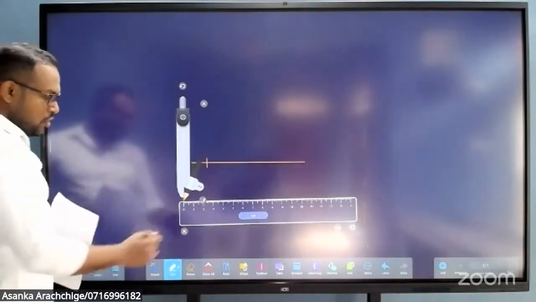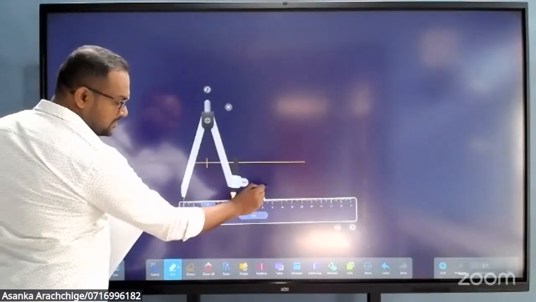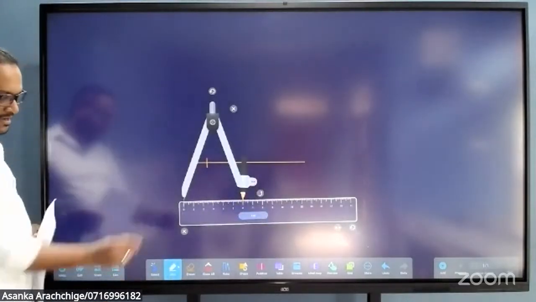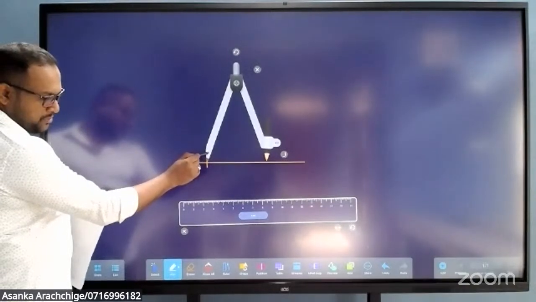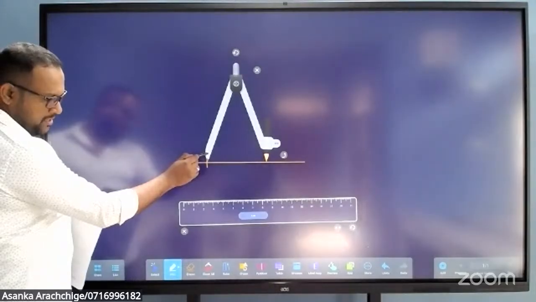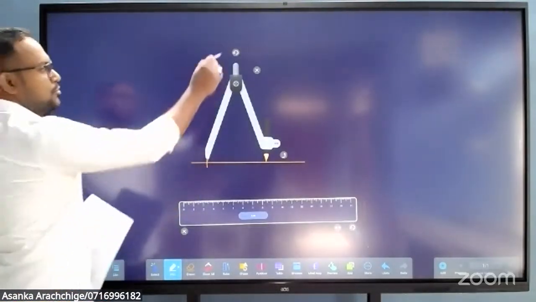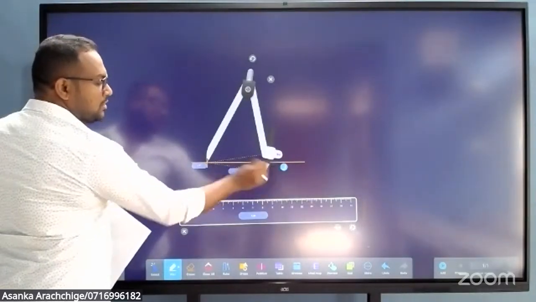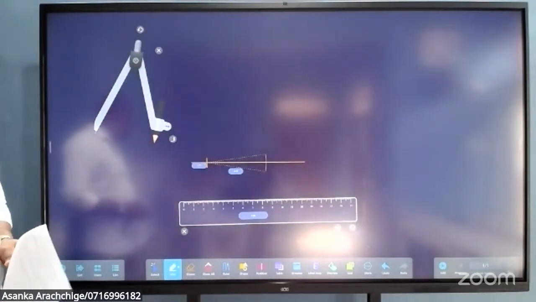Then you have to take the pencil point to the 6 centimeter mark on the ruler like this. Then taking the middle point exactly to this point of intersection, the point A or B, we draw a small arc like this to cut the line from the other side.